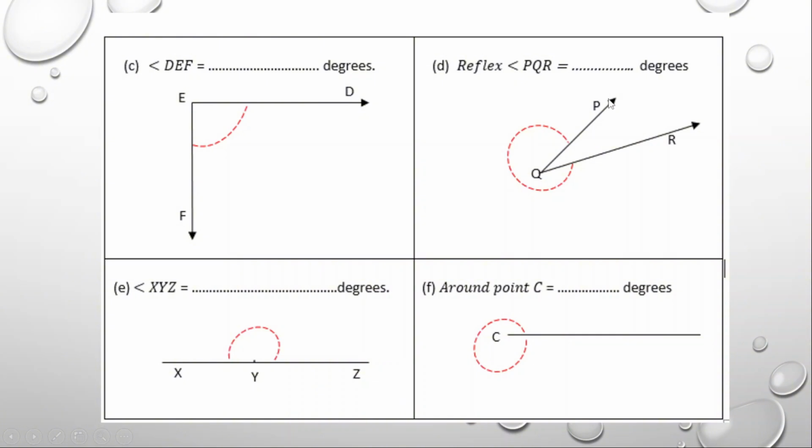So I want you to measure only PQR. Okay, so center point on Q, baseline on QR, start counting. What do you get? And subtract that from 360. Start again.